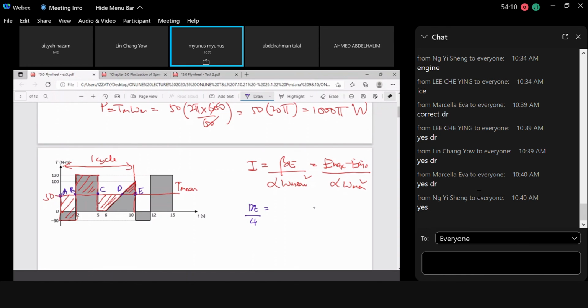You have 100 minus 50 divided by 100. So you have DE small portion, that one is equal to what? 200 by 2 equal to 2. Am I correct now? This one is the small portion, this one is 2.